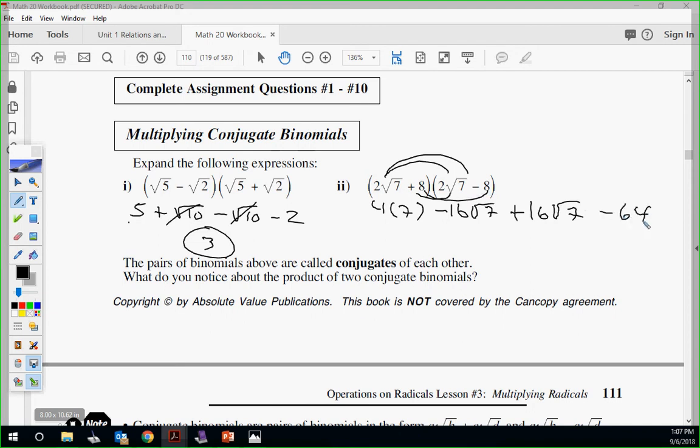So the catch is, once you are getting good at these, I don't need to see the middle anymore. You know what's happening in the middle of the conjugate. So this is gone. 4 times 7 is 28, minus 64. I believe that's 36. Yeah, negative 36. So negative 36 is part 2's answer.